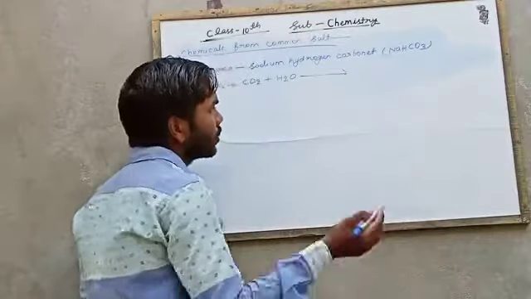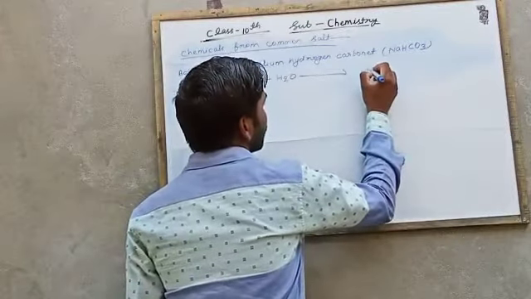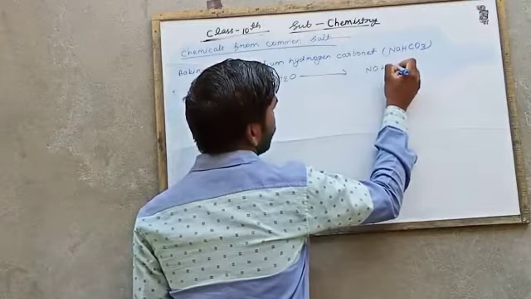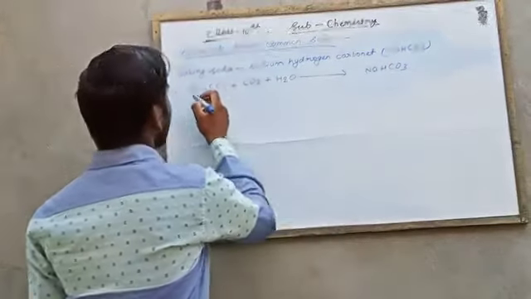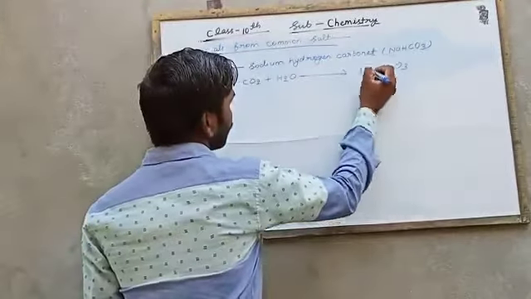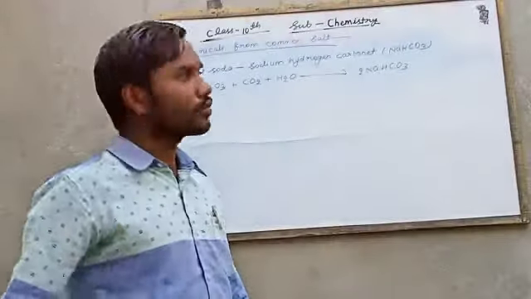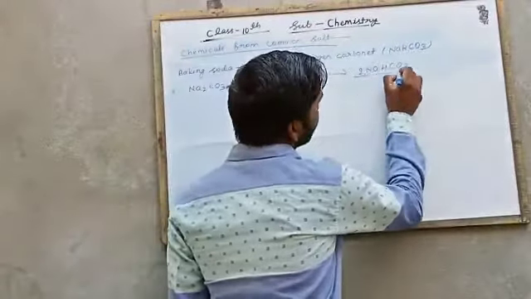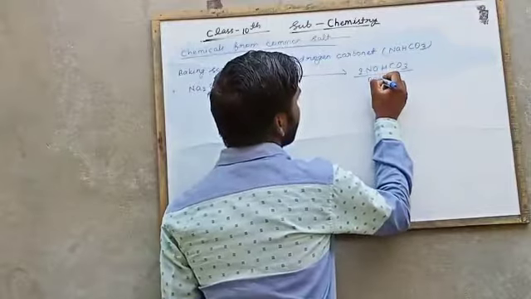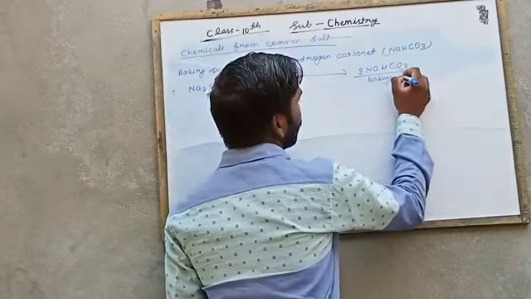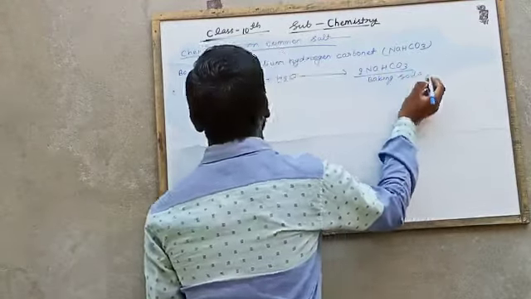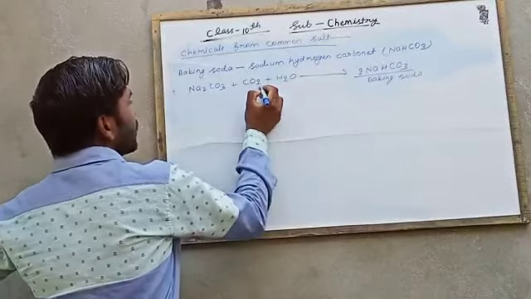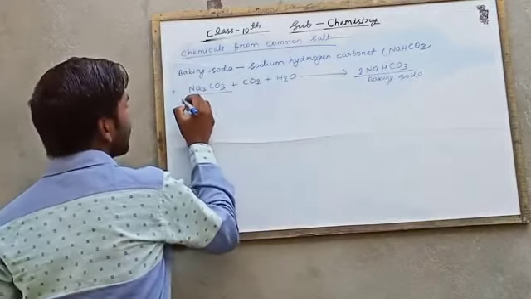So we get sodium hydrogen carbonate, 2 NaHCO3. This is baking soda.